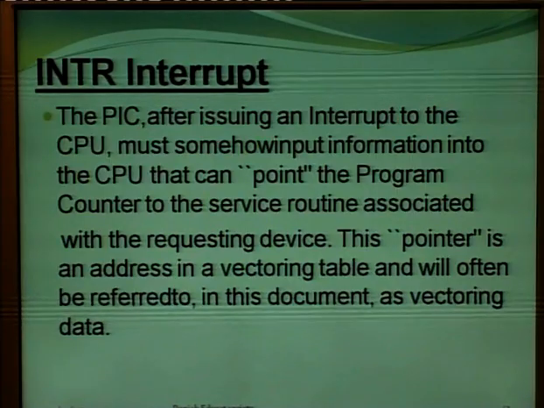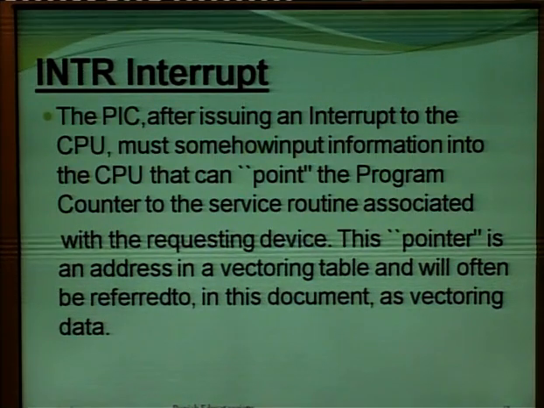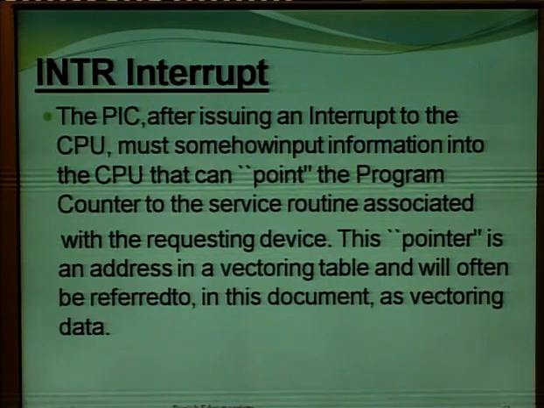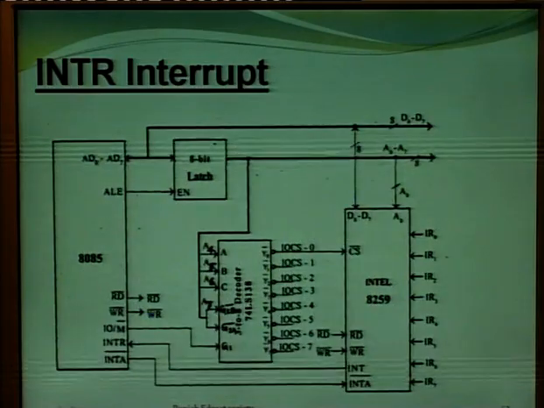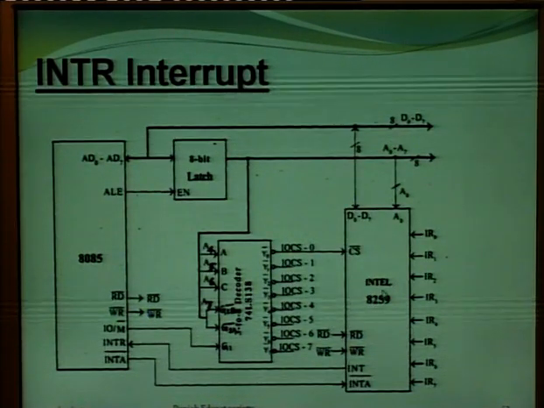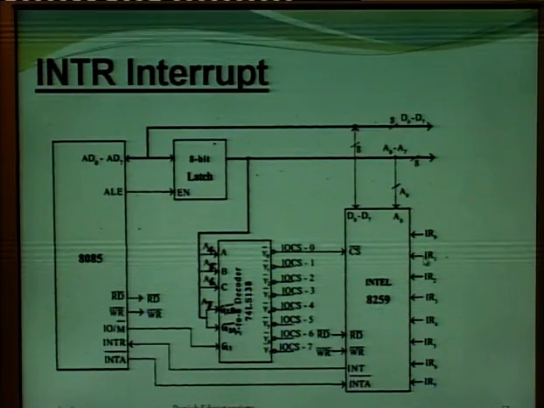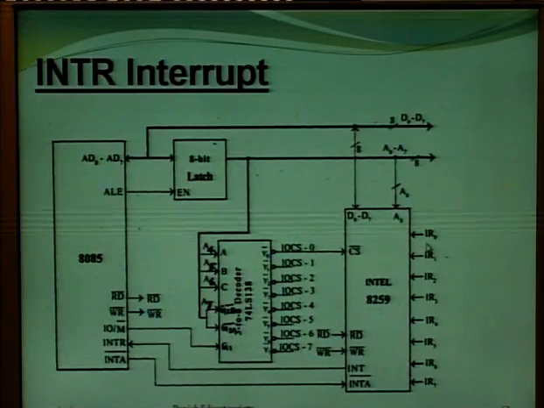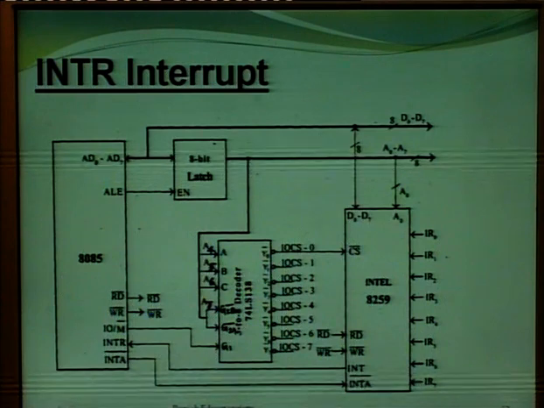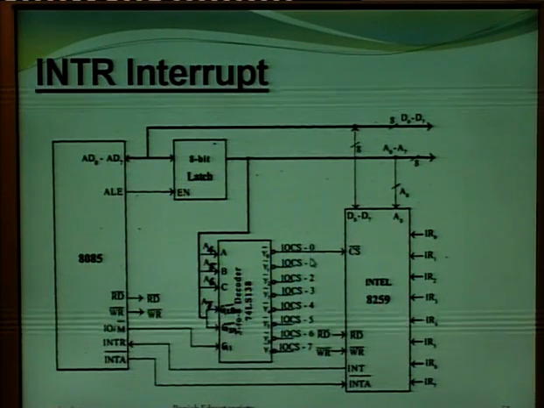This address is in the vector table, IVT, and will often be referred to as vectoring data. So, the 8259 can take 8 interrupt requests at a time, but the request with the highest priority is handled. Through this we get an RST code through lines 80 to 87, and the microprocessor jumps to that particular ISR address.